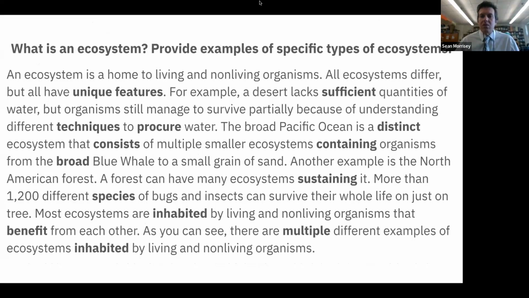So this is one of my fifth graders, the words in bold are all words that we've talked about and learned this year, but in such a short amount of time, and this took him probably not even 10 minutes, use these words, which to me is pretty great. Like, all ecosystems differ, but all have unique features. You really have to know those words well to be able to use them in writing.